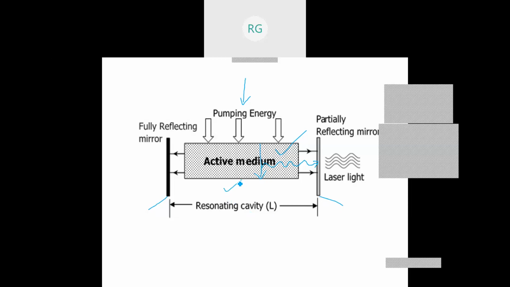So the space in between, where you are keeping the active medium, is called the resonating cavity. This is actually the distance between the two mirrors. Why do we require the resonating cavity? For getting lasing action. Suppose a photon is released here and comes up to the mirror here, which is partially reflecting.